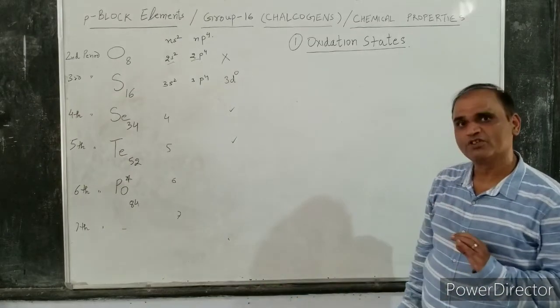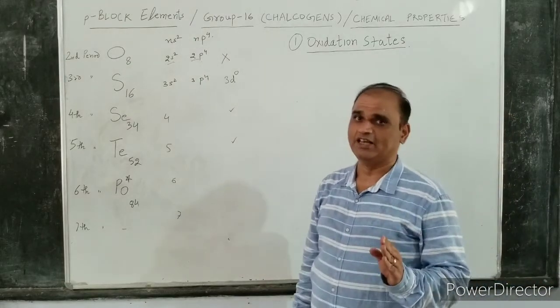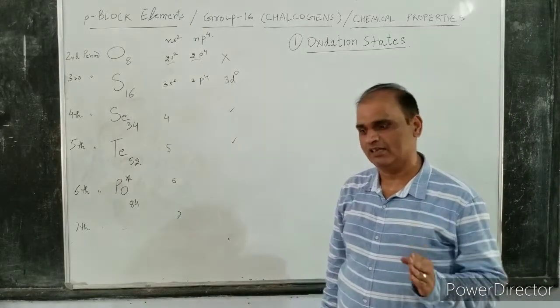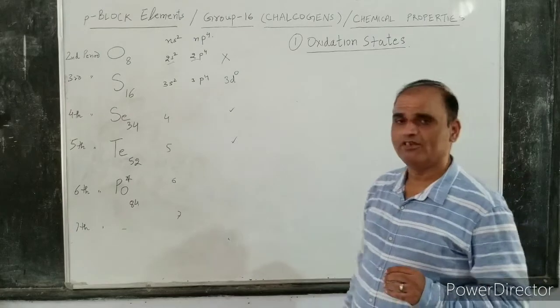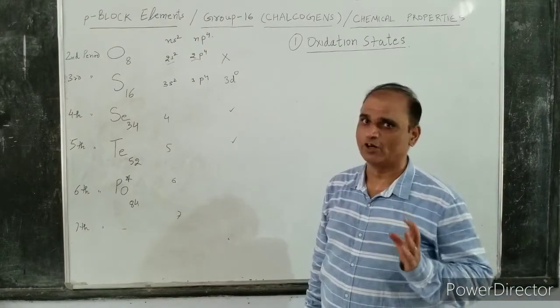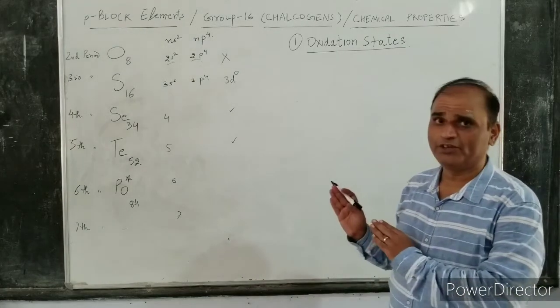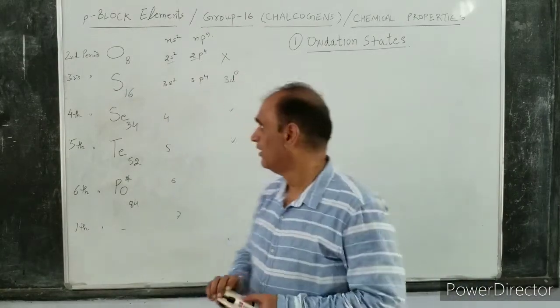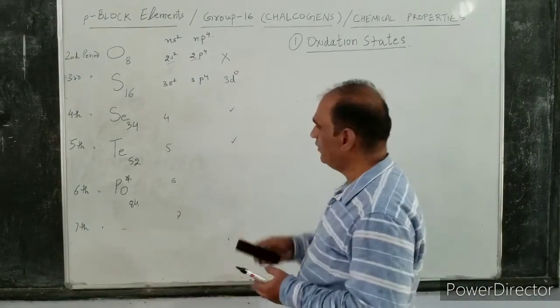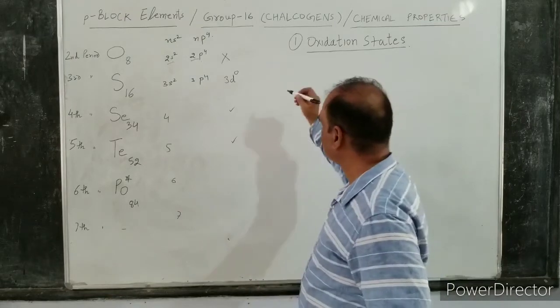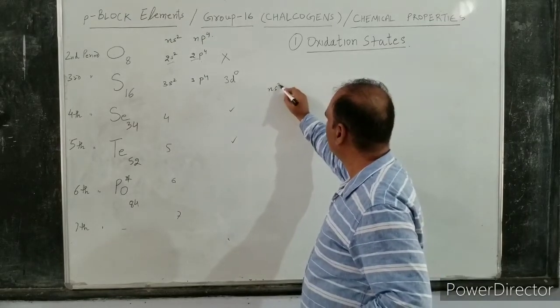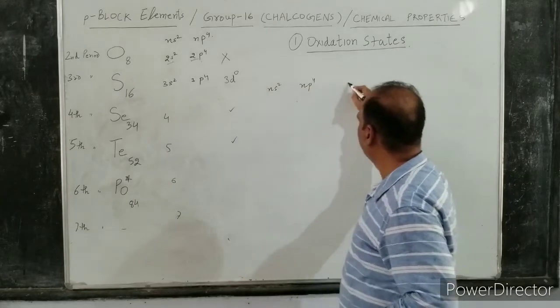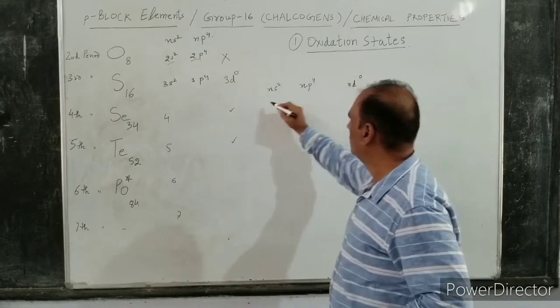So, except oxygen, atoms of all other elements have vacant d orbitals, and it is going to affect their oxidation states. For example, if we write it like this, ns2, np4, nd0.